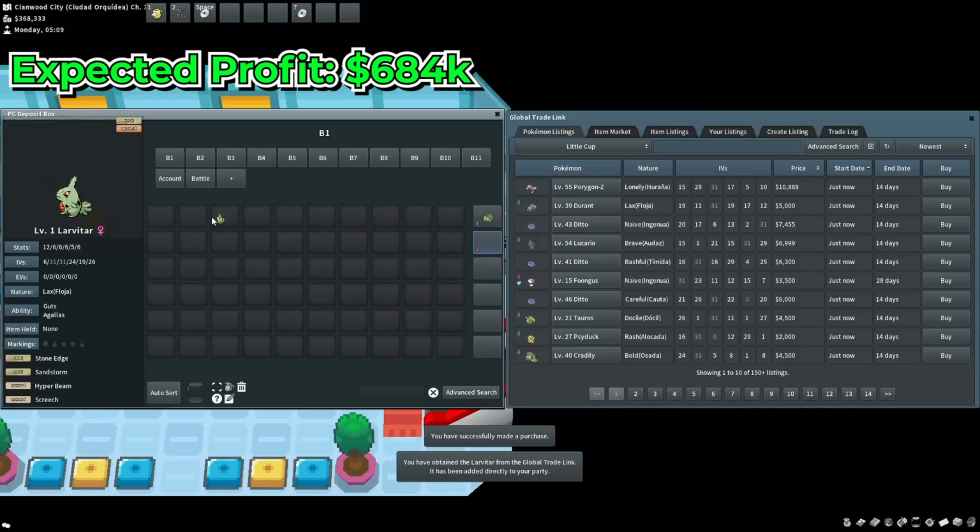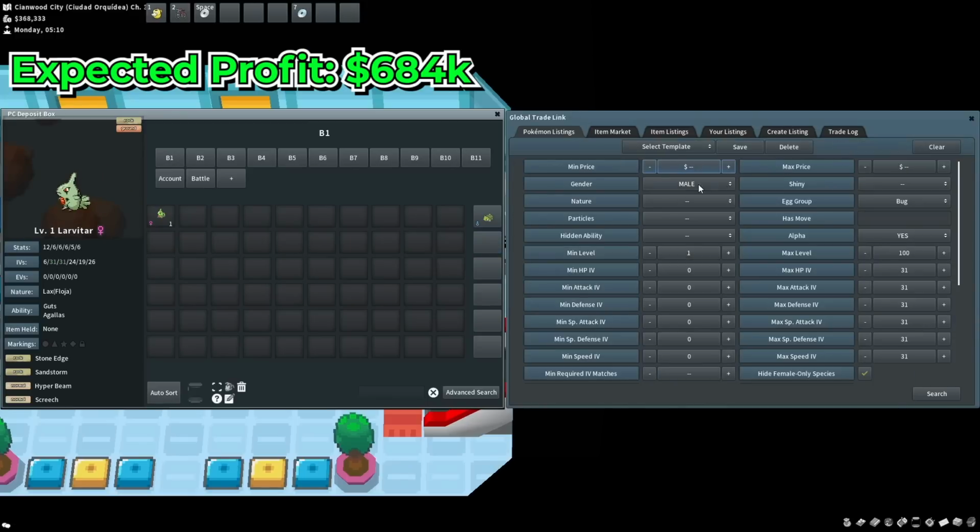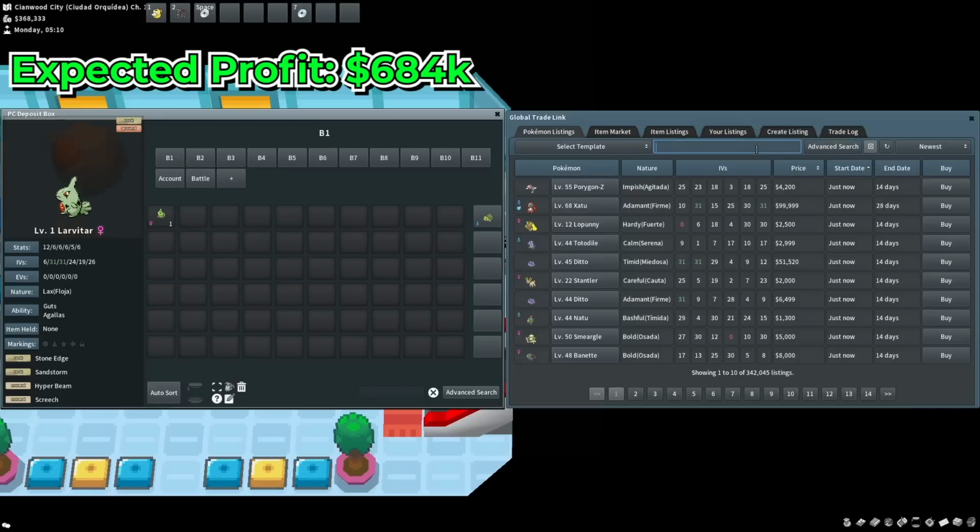So Larvitar has a higher base price than 13k, which is what I paid. If it only has this stat here and it having two 31s, it goes higher than the 20k it usually goes for.